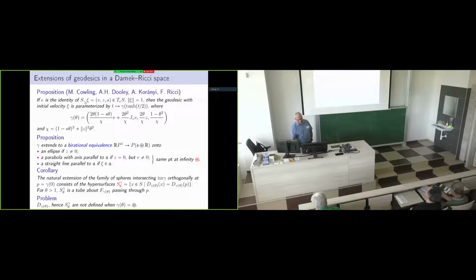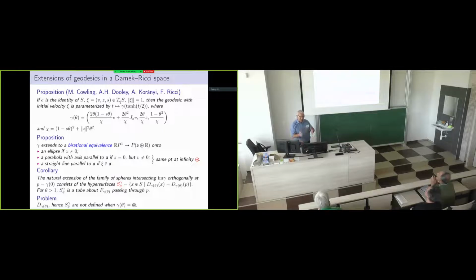Again, this is a well-known formula. For simplicity, we take a geodesic which goes through the unit element of the Damek Ricci space. If we know geodesics through the identity element, we can describe any other geodesics by a left translation, because left translations are affine transformations from outside.